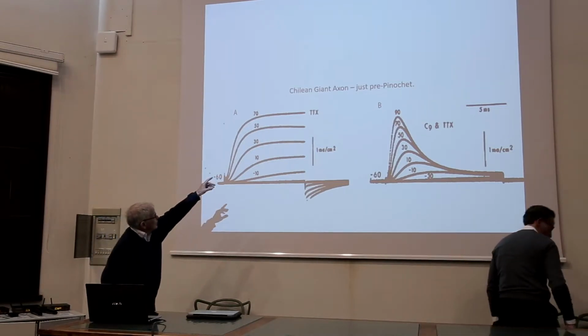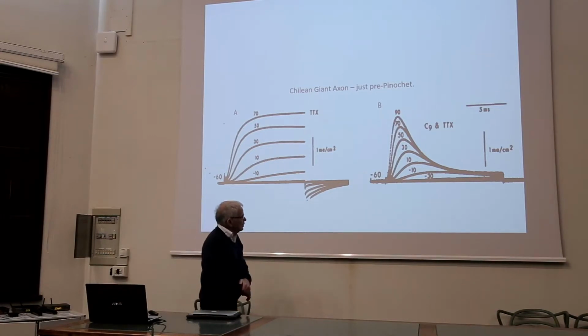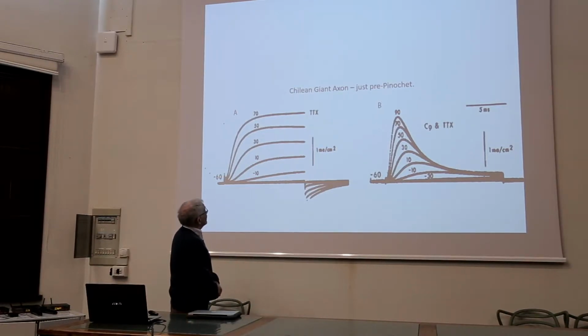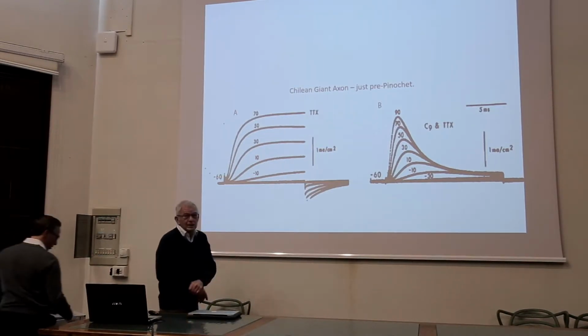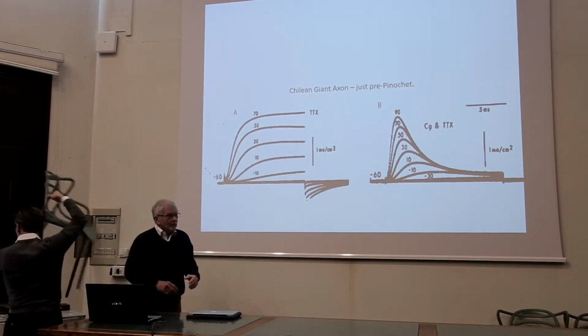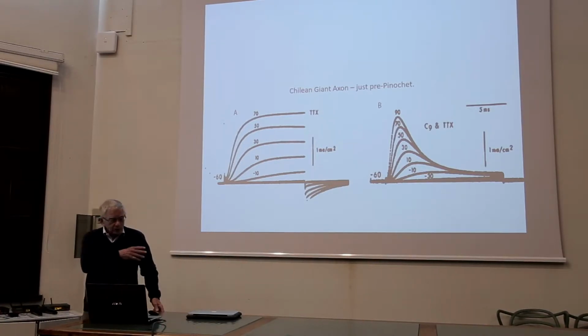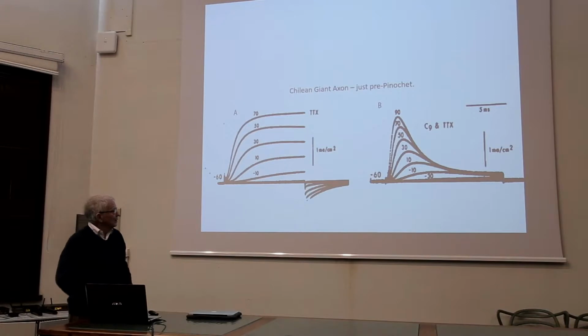So here is a Chilean giant axon. This record was taken just before the days of Pinochet, to give you an idea of the time. Actually, Pinochet came right after this was taken, and I haven't been to Chile since then.